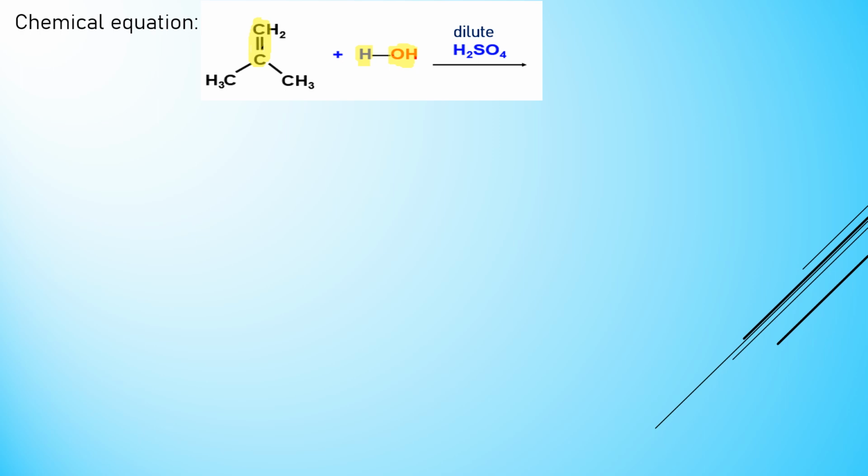In this case, the first carbon contains 2 hydrogens. The second carbon does not have any hydrogen bonded to it. That is why, for the formation of the product, we will get CH3 single bond C, CH3 does not change because there is no carbon-carbon double bond, but the carbon-carbon double bond becomes a single bond.